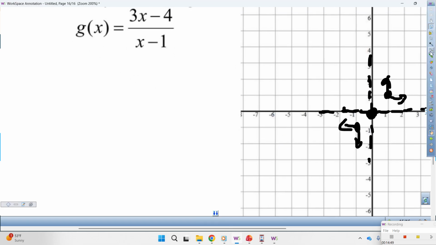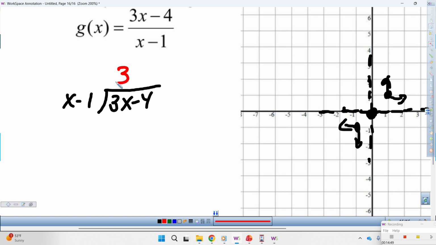Long division. 3x minus 4 divided by x minus 1. So, how many times does x give us 3x? That's 3 times. 3 times x is 3x. 3 times negative 1 is negative 3. Subtract. Distribute that here and here.